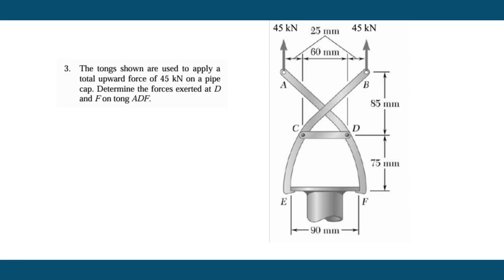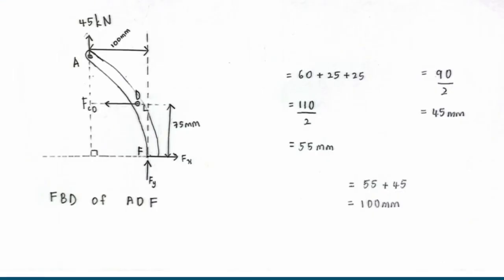So first, we need to draw the free body diagram of ADF. At point D, I assume that the force FCD is to the left, and at point F, I assume there are reaction forces Fx and Fy.